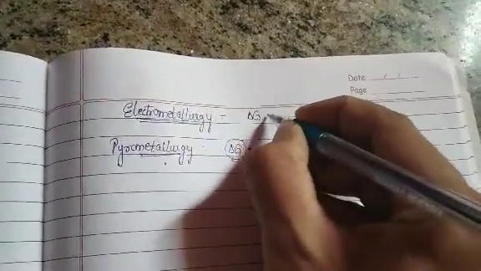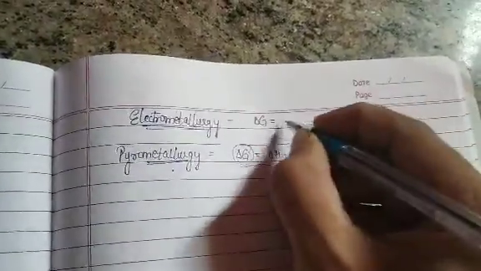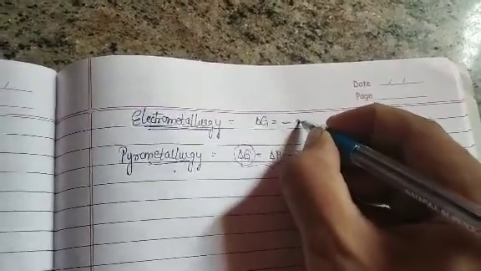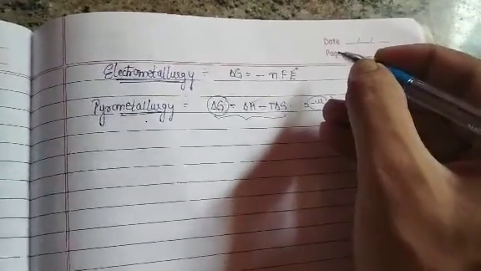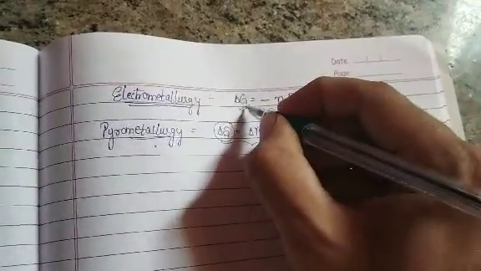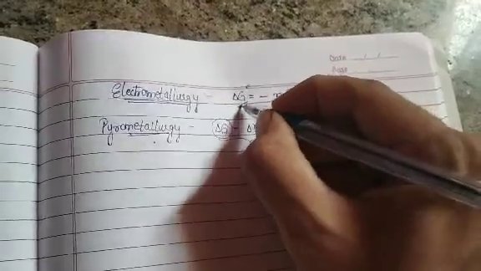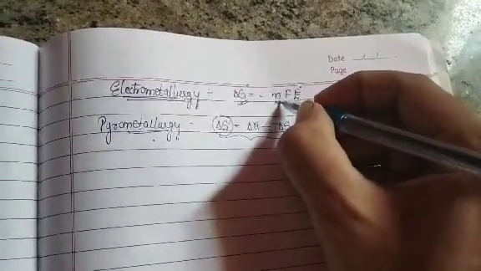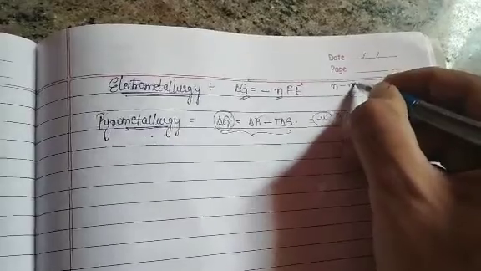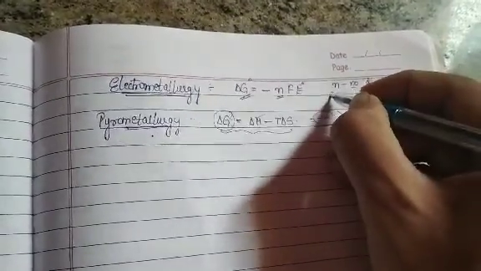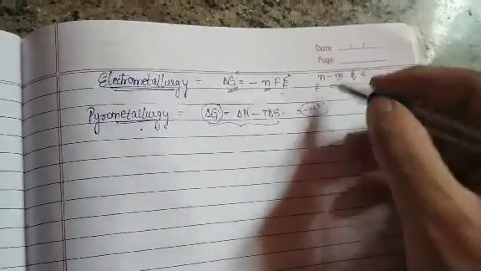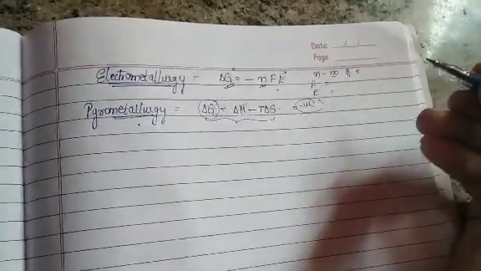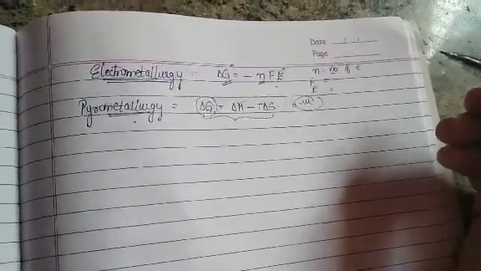So the other delta G equation you have to know over here is delta G equals minus N F E naught. Here delta G is the standard Gibbs free energy, whereas N represents the number of electrons, F is Faraday's constant, and E is the electrode potential of the redox couple which will be formed in the system.